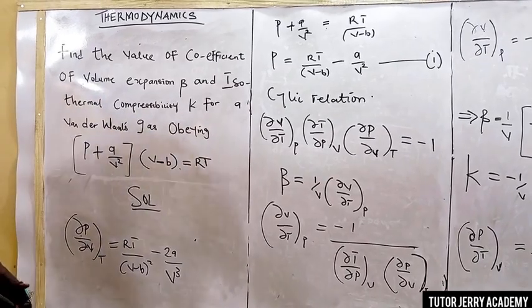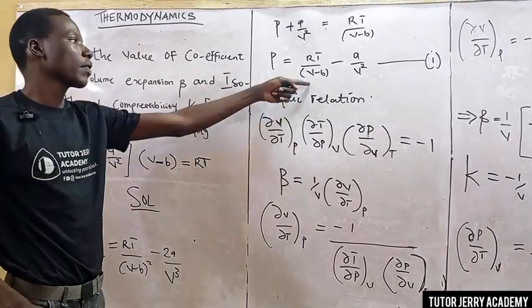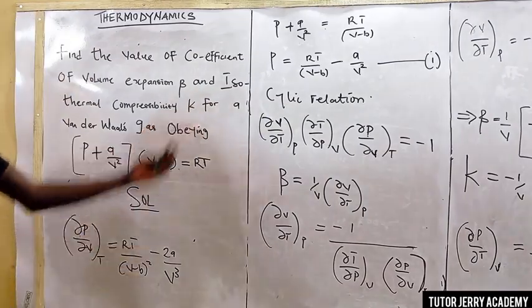So we have just differentiated this equation with respect to V, and this is what we have.